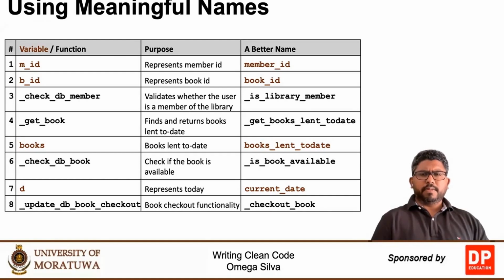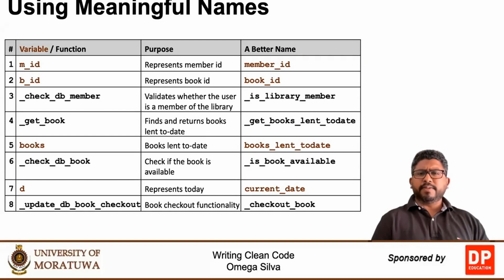Out of all these, I need to highlight row number 7. Now, this is a variable where its name is a single letter. These kind of variable names are not descriptive at all, and you have to put a lot of effort in trying to understand what these variables mean.